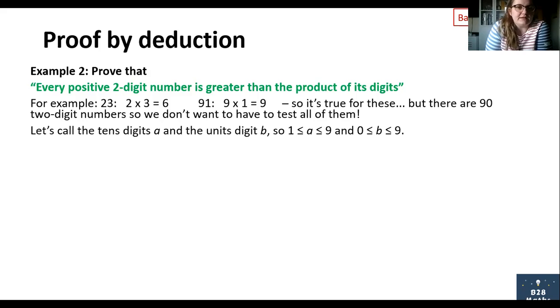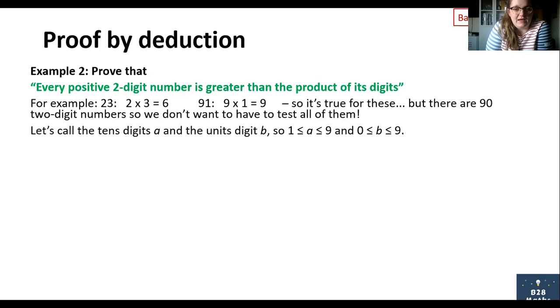So we're going to call our tens digit A and our units digit B. So 1 is less than or equal to A, and A is less than or equal to 9.